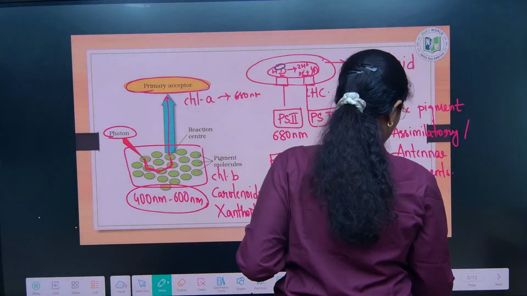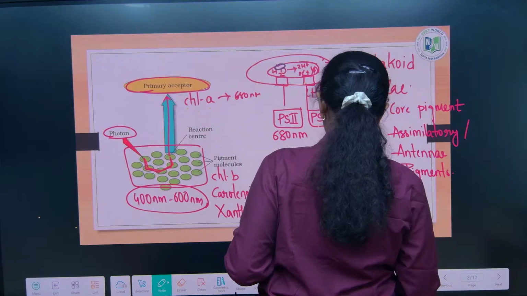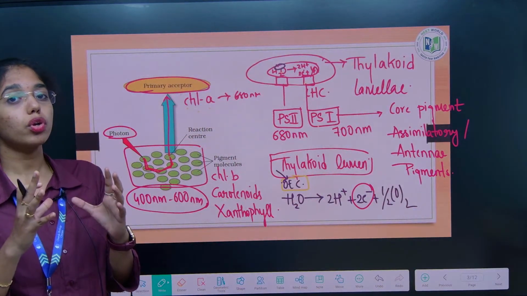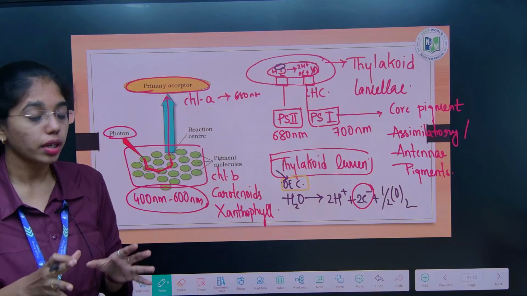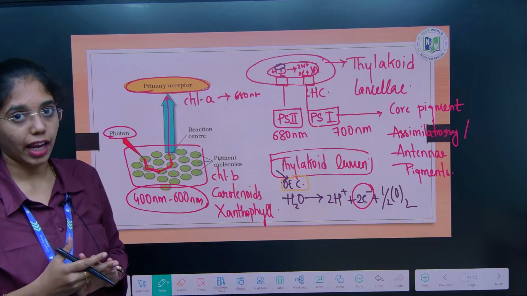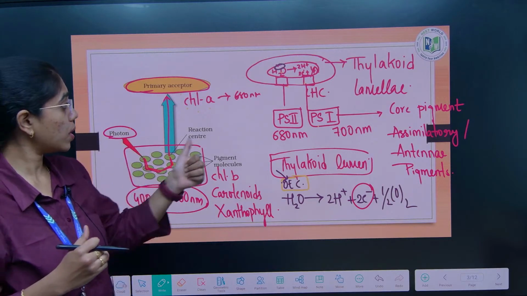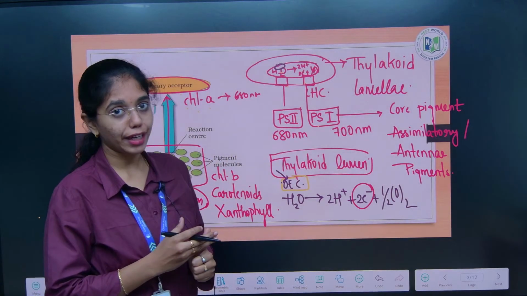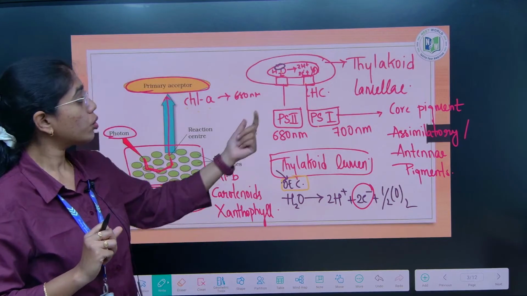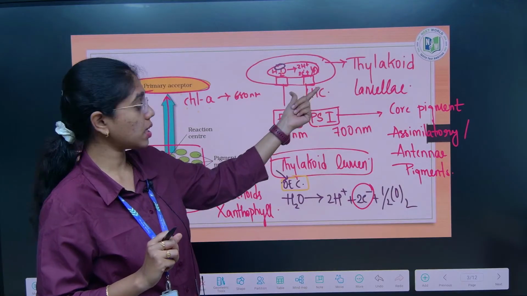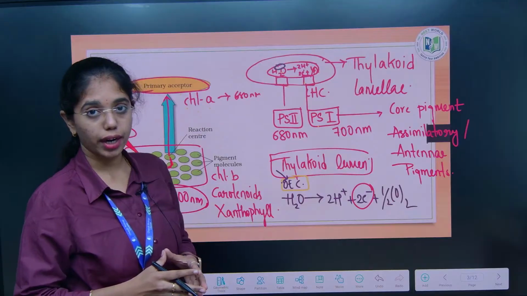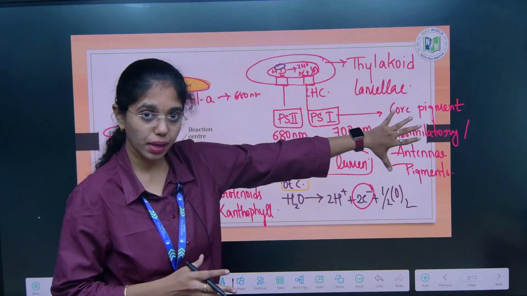Yesterday we didn't discuss non-cyclic photophosphorylation, but it is very important. Now, we are going to learn the third step of light reaction. The first step is clear to us: how the absorption of light in the form of photons takes place, through light harvesting complexes, that is photosystem 2 and photosystem 1, present in the thylakoid membrane, which consist of pigments.